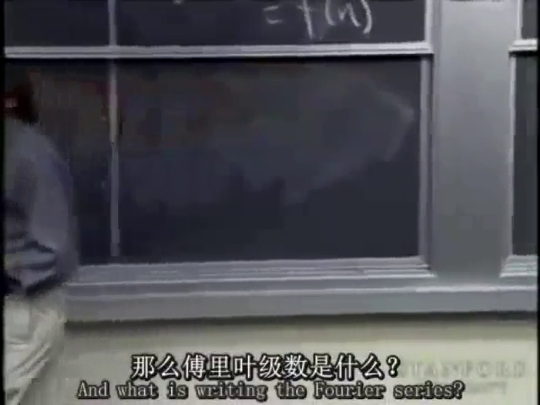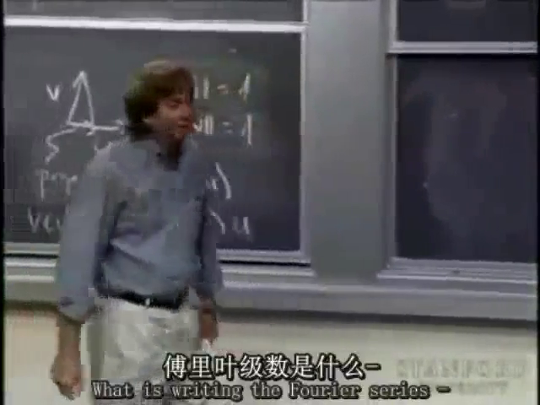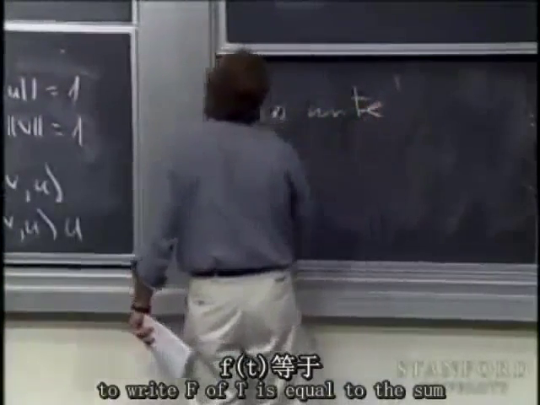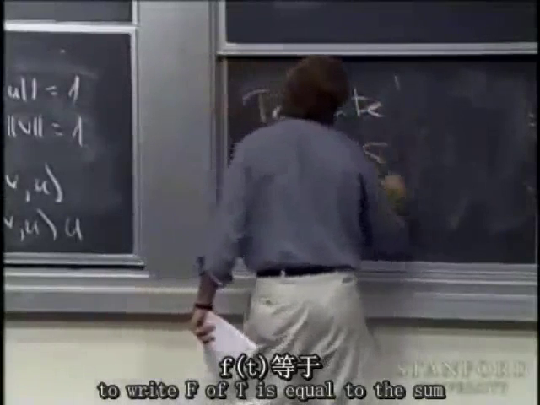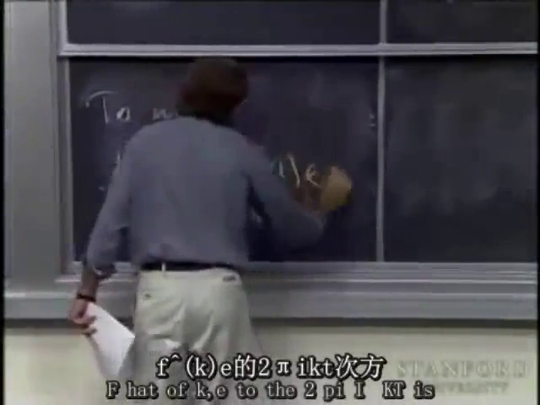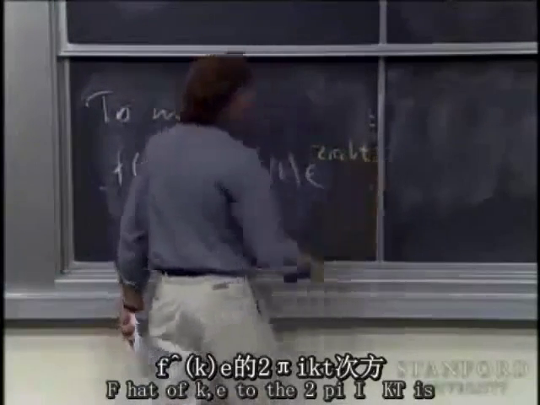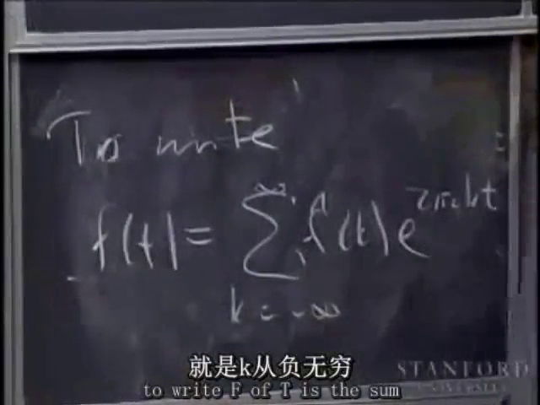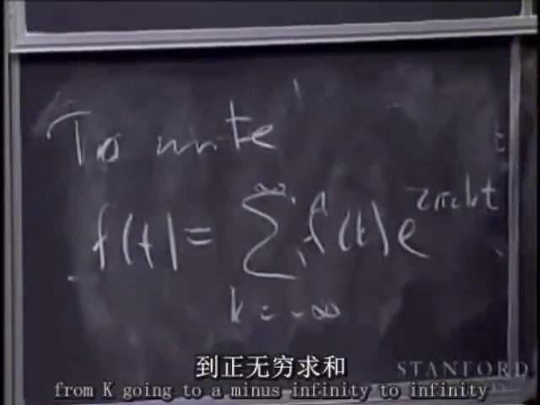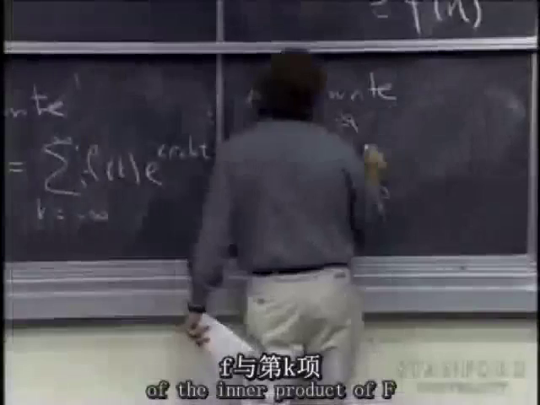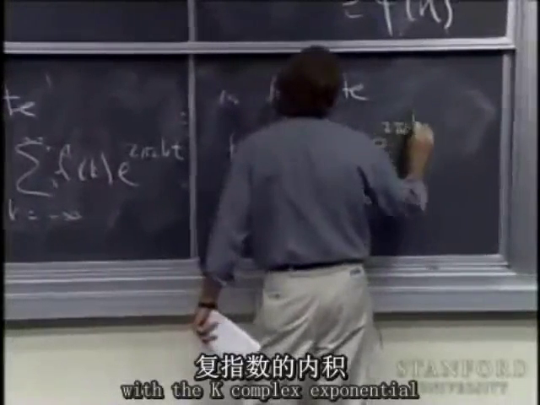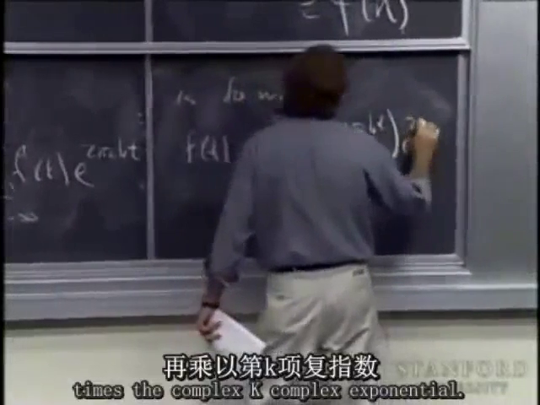And what is writing the Fourier series? To write f of t equal to the sum from k going from minus infinity to infinity of f hat of k e to the 2 pi i k t is to write f of t as the sum from k going from minus infinity to infinity of the inner product of f with the kth complex exponential times that kth complex exponential.